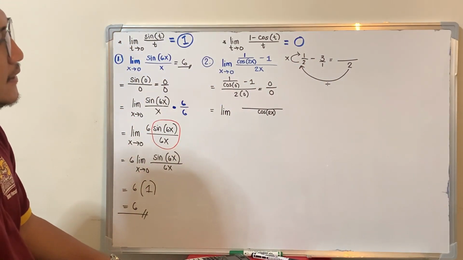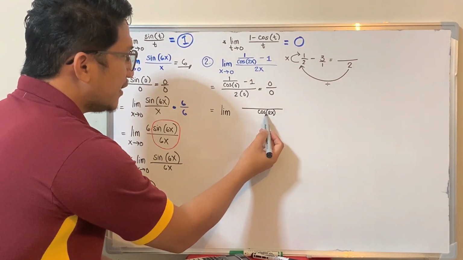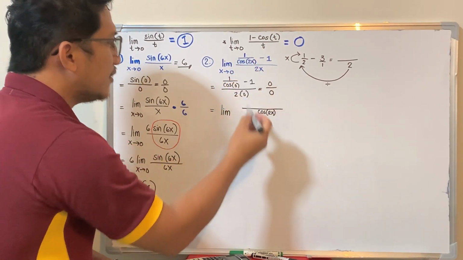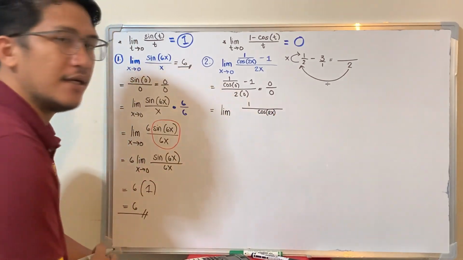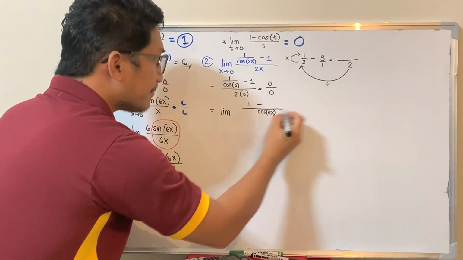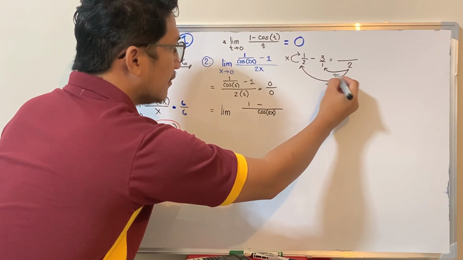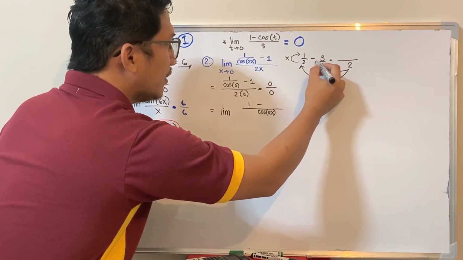So, cosine 2x divided by cosine 2x is equal to 1. Times 1, syempre 1 gihapon. Sa pikas, same story. You divide it here, and after that, i-multiply mo sa 3.